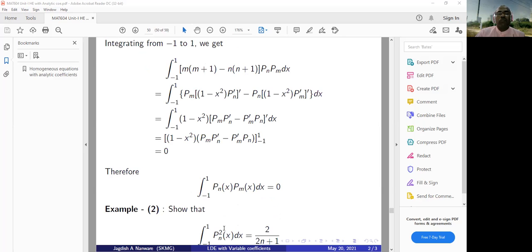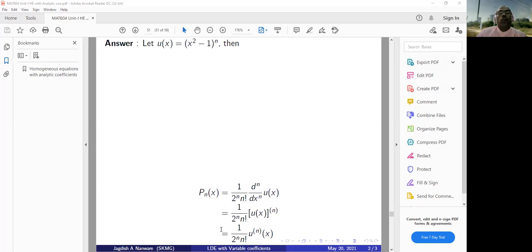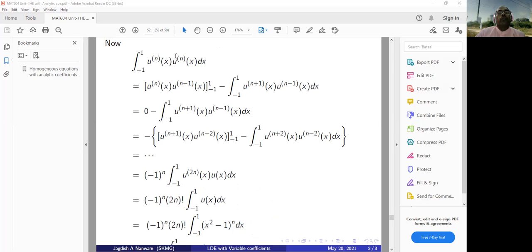So what is Pn square? It is Pn multiplied by Pn, Legendre polynomial of degree n into Legendre polynomial of degree n. That is the meaning of Pn square, right? So we consider the integral between the limits -1 and +1. This is Pn into Pn, so that you will get Pn square, right?